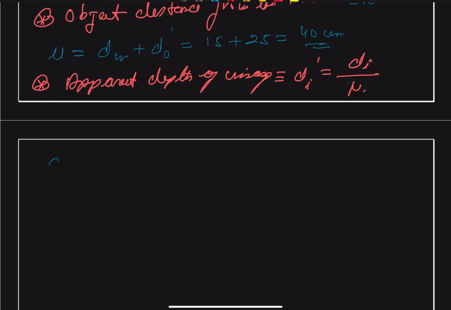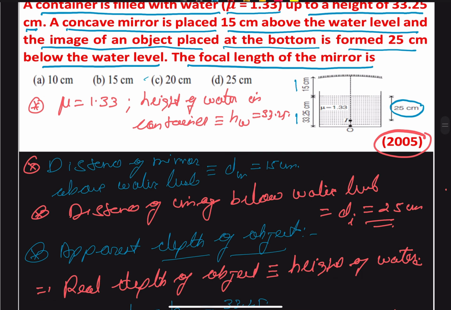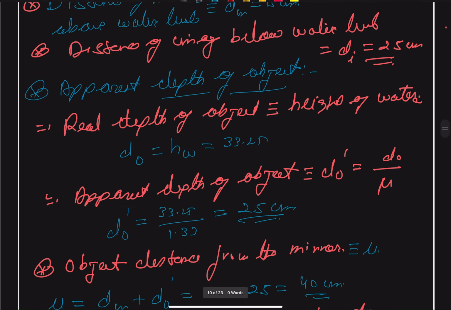So we get that di prime will be equal to 25 divided by 1.33, and this comes approximately equal to 18.8 centimeters. I think the closest is our 20 centimeter. So we can write the option C is correct.